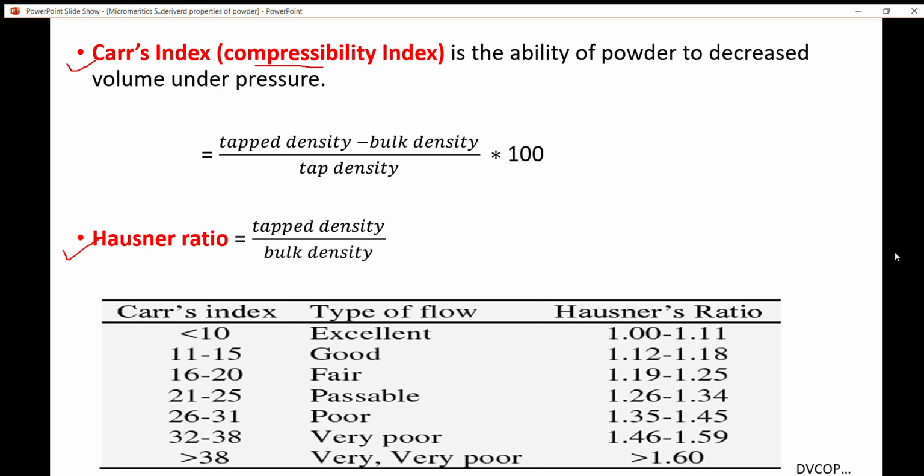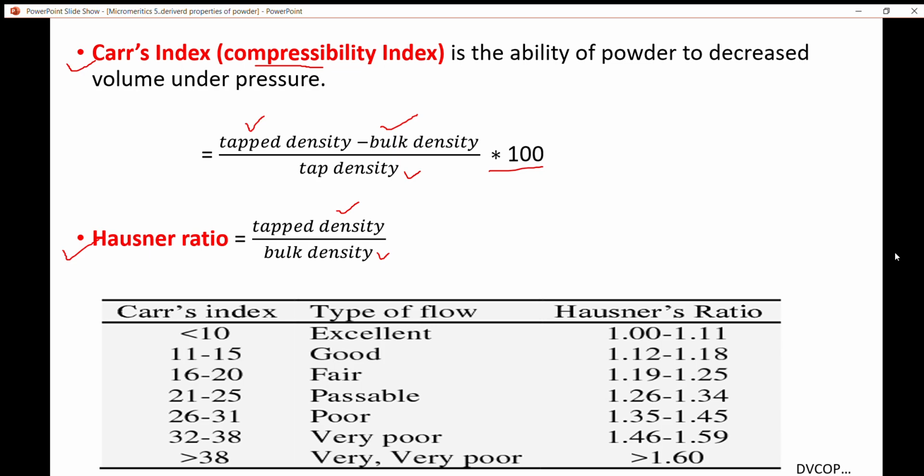Means when we perform a tableting action, the ability of that powder to decrease in volume after applying pressure is known as the Carr index, and it is calculated as tap density minus bulk density divided by tap density into 100. Then the Hausner ratio is calculated by using tap density and bulk density. The Hausner ratio is very important in case of dose uniformity.